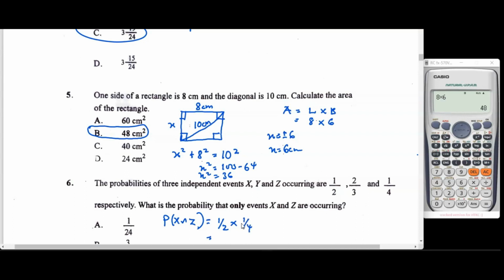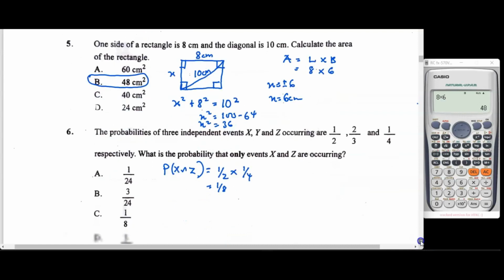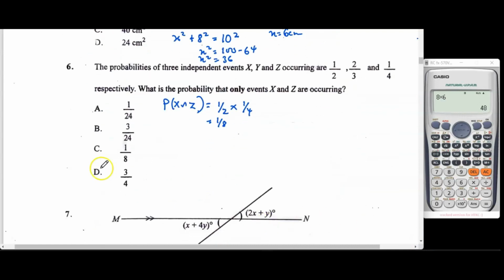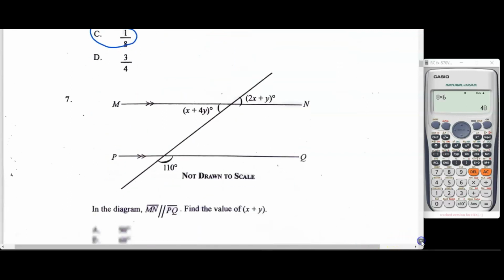So that's going to give us 1 on 8 as our answer. Let's look out for the possible answers, and that is possible answer C.